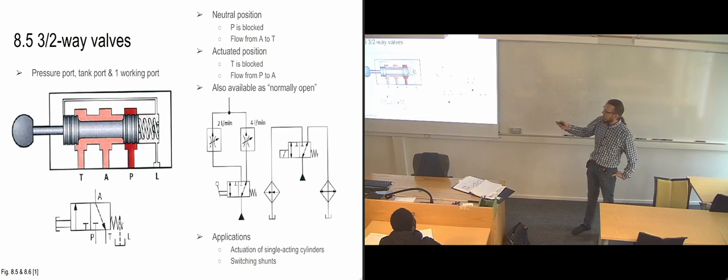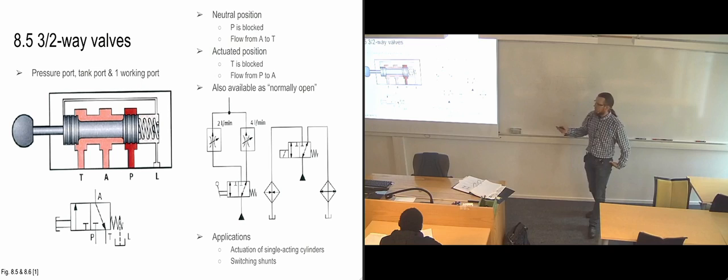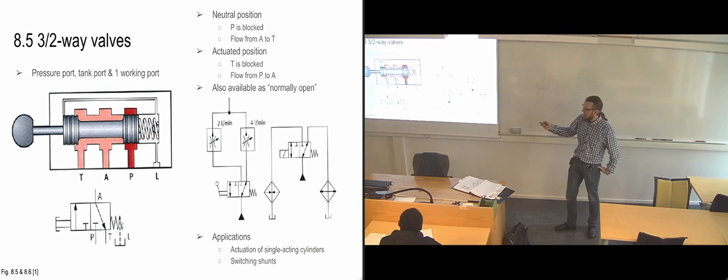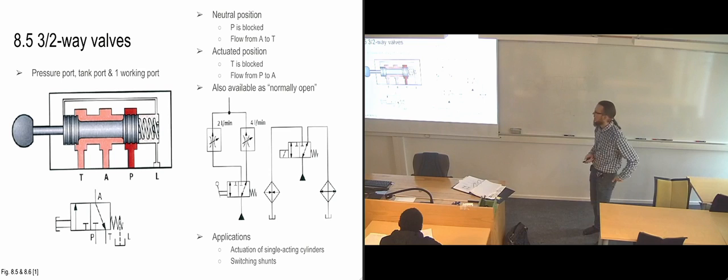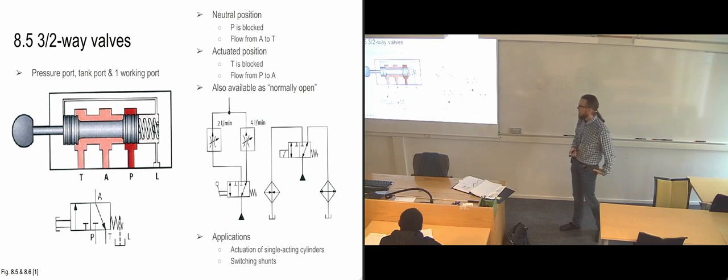But if you instead have one set for 2 liters and one for 4 liters, you can use one of these valves here as a switching shunt and place it in here. So if you want 4 liters per minute, you leave it in the neutral position. If you just want 2 liters per minute, you activate the valve. Then you switch it straight over to the other one, and you throttle down the flow a bit so that you get a more fitting volumetric flow rate.